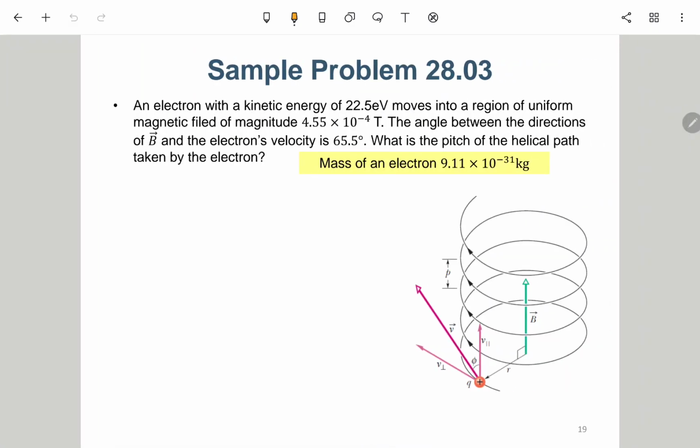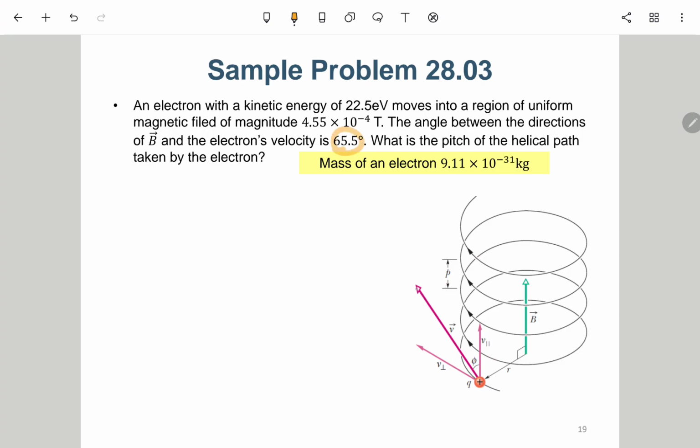Okay, so here we have a sample problem first. It says an electron with a kinetic energy of 22.5 eV moves into a region of uniform magnetic field, or B field, of this magnitude. The angle between the direction of B and the electron's velocity is 65.6 degrees. They are not perpendicular to each other.